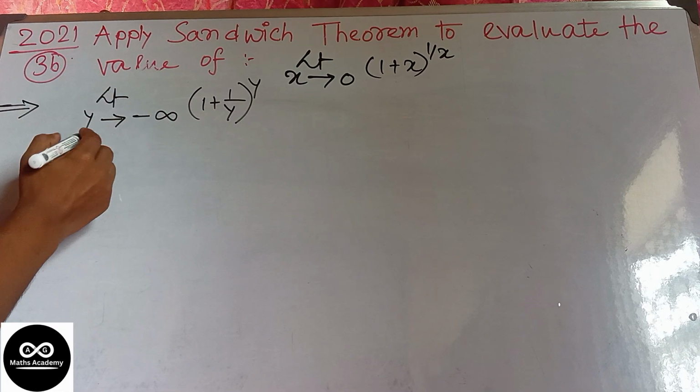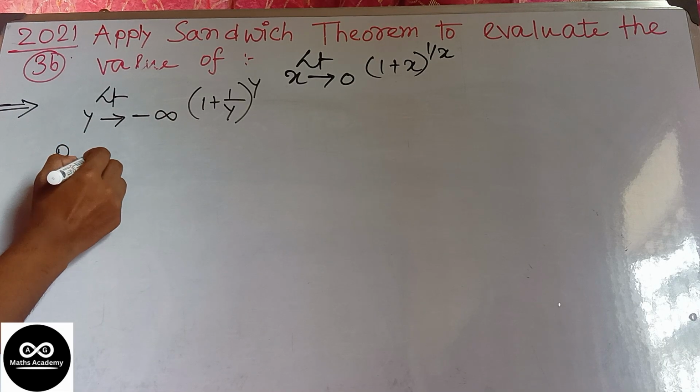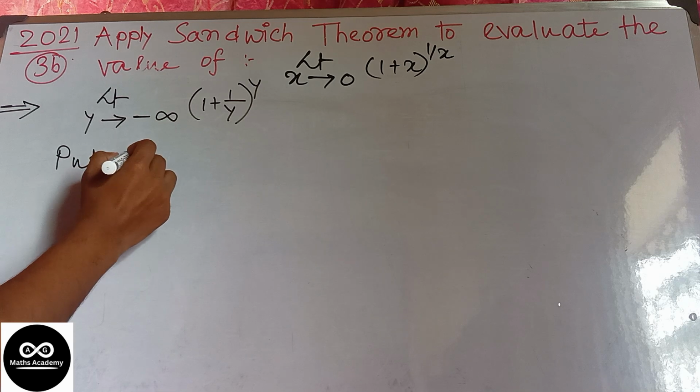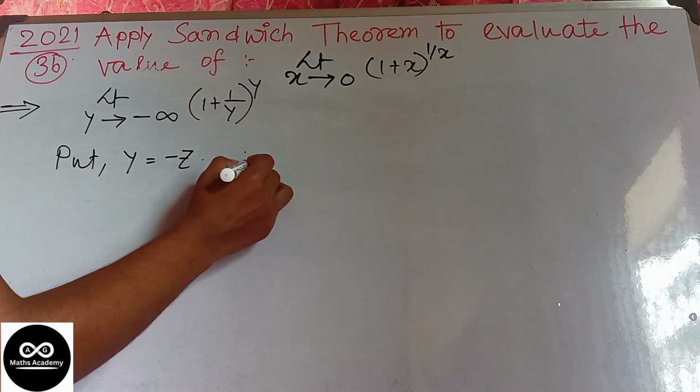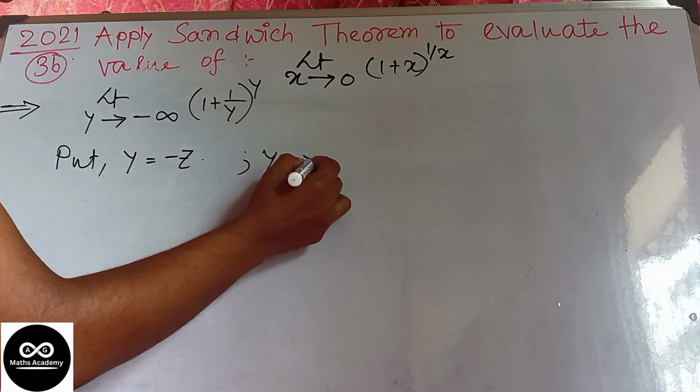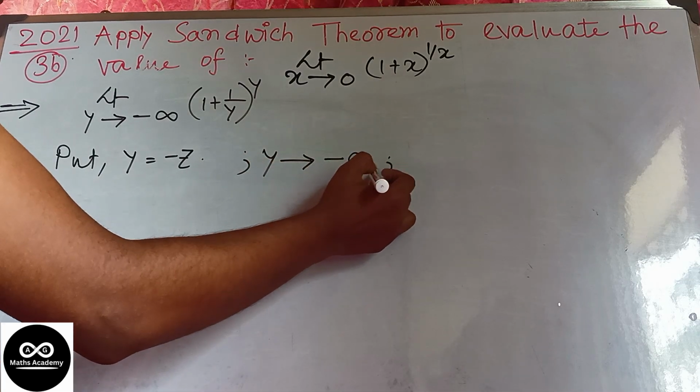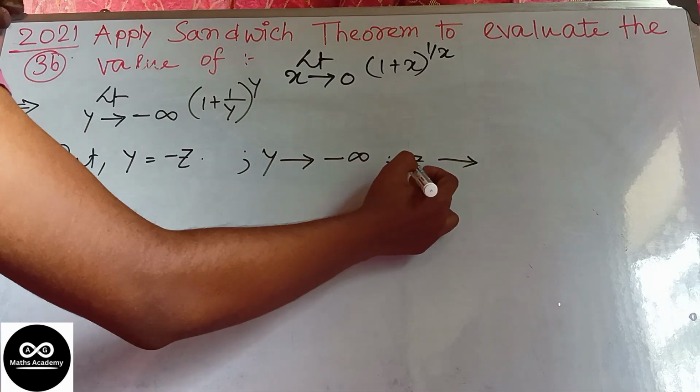So from here we're going to put y equals minus z. Now as y tends to minus infinity, z will tend to infinity.